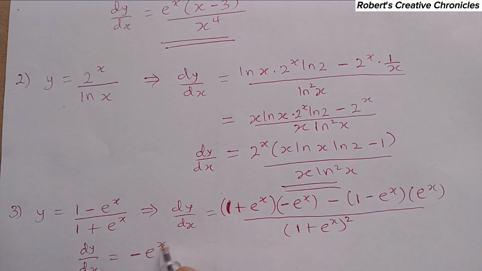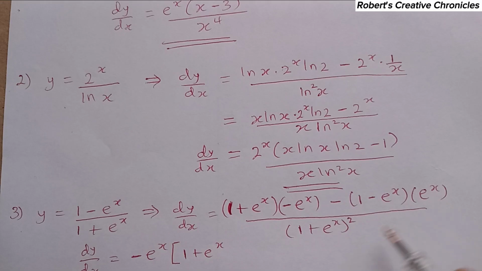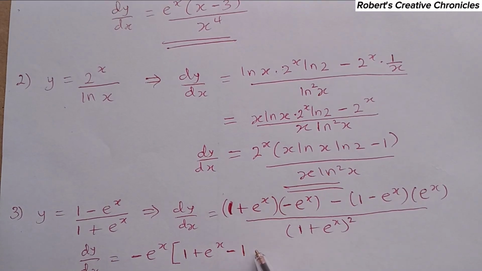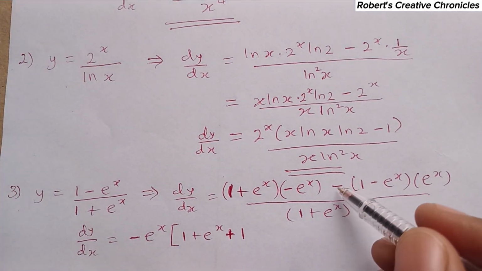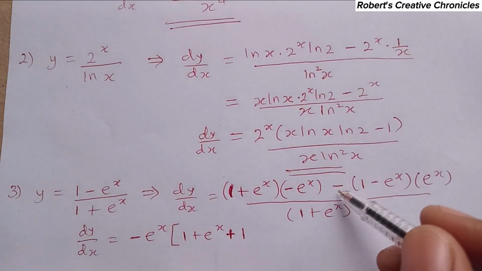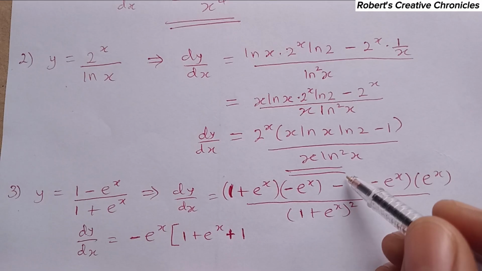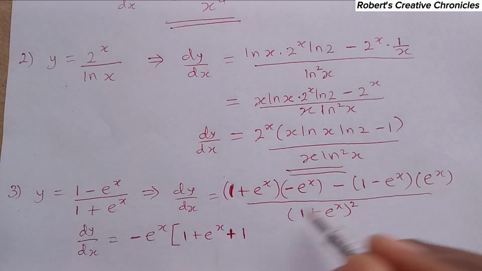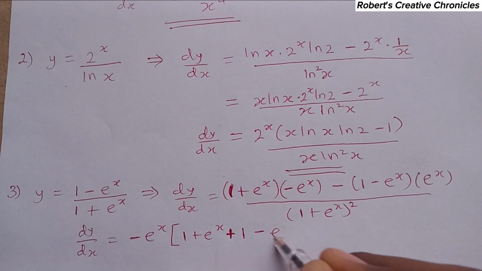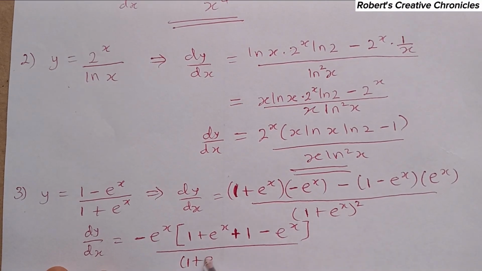So negative exponential x times (1 plus exponential x) here, and here it becomes plus 1, not minus, because we have factorized negative exponential x, so here it becomes positive, times (1 minus exponential x), over (1 plus exponential x) squared.